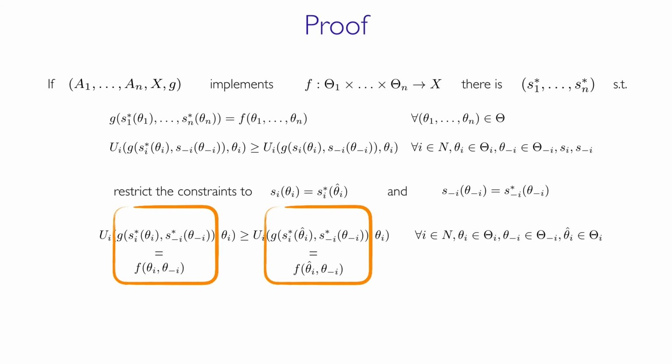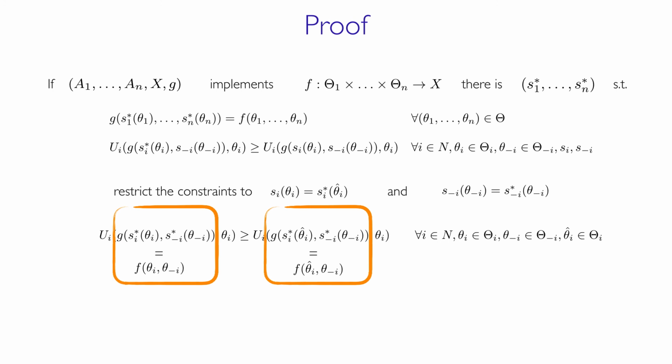Focus on the terms in orange. The first term holds since the arguments of the outcome function g are equilibrium strategies of type theta i and theta minus i, respectively. The second term holds since the arguments of the outcome function are equilibrium strategies of type theta i hat and theta minus i, respectively.